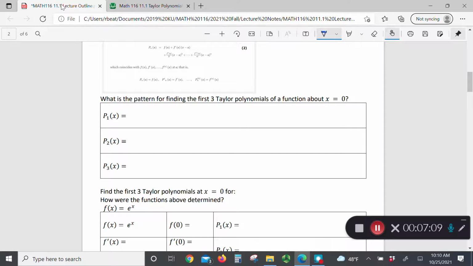So the first Taylor polynomial, if I center it at 0, would simply be to take f of 0 and then add the first derivative, evaluated at 0, multiplied by the polynomial factor to the first. So P1, everything's to the first. First derivative and x minus a to the first.